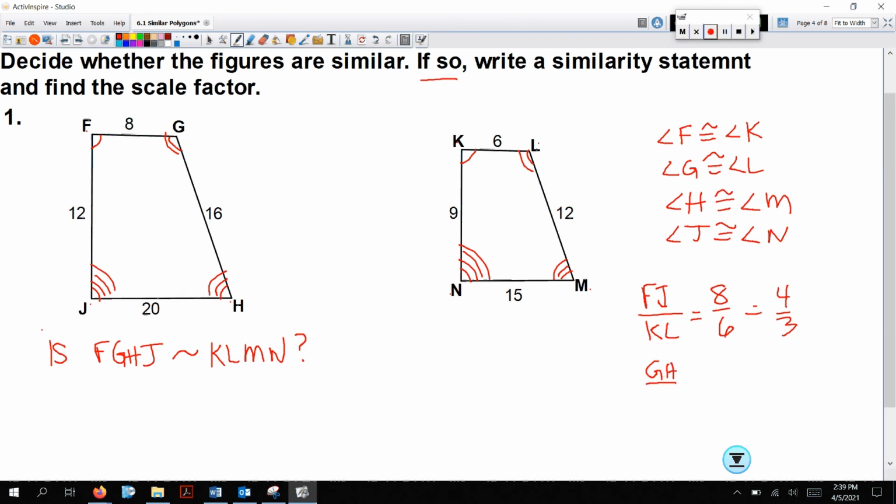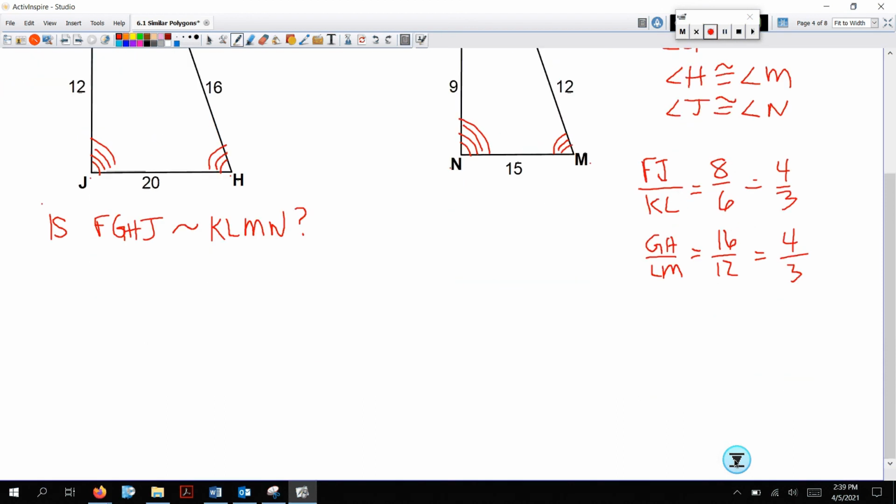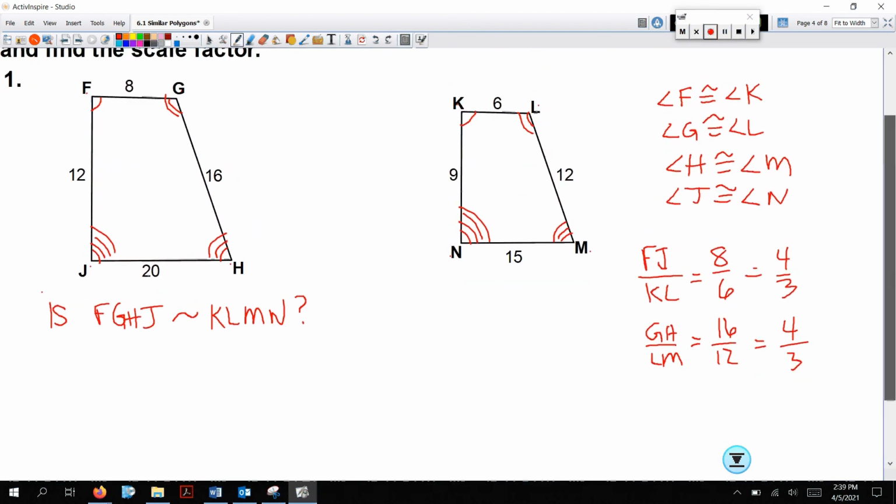That corresponds to LM. That's 16 over 12. Again, if we divide both by 4, I get 4 over 3. JH, I'm just going to work my way around this quadrilateral, corresponds to NM. That's 20 over 15. If we reduce both by 5, that gives me 4 over 3.